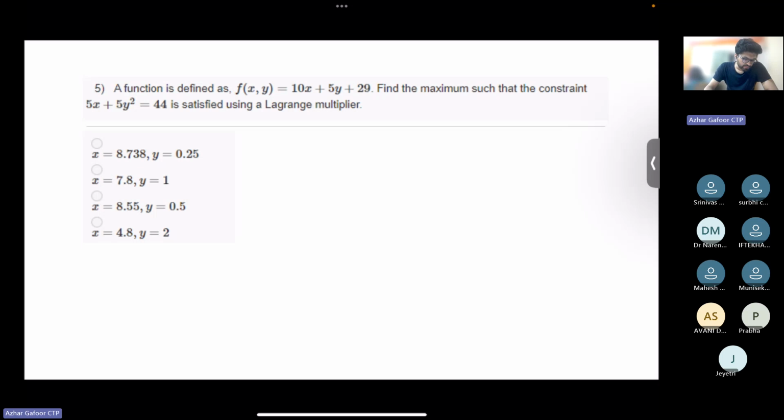Now the next one is a function that is defined and we have the constraint also. So let's try to do this one.